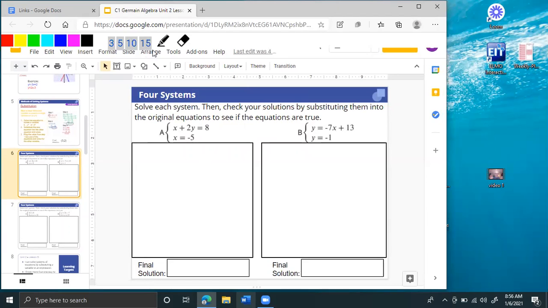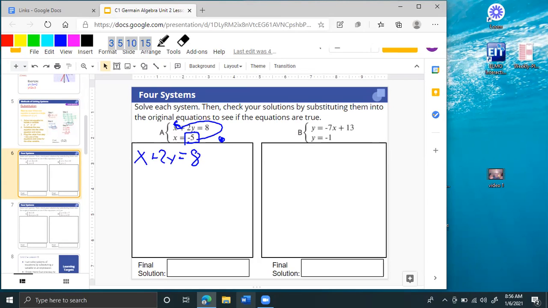Oh, I have to hit the pen. It's already done for us. So that means we can take this -5 and plug it into that first equation for the X. If I come into my box here, you can either do this on a piece of paper and take a picture and insert it, or you can type it in the box. We have this equation of X plus 2Y is equal to 8.